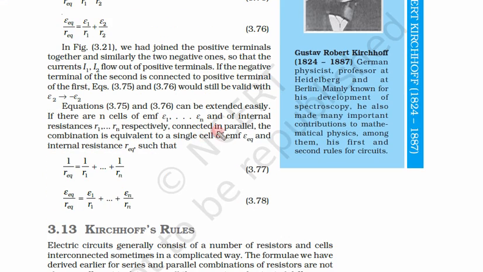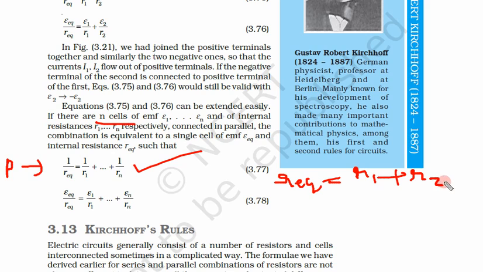Now similarly, these equations can be extended equally for n cells, a large number of cells. For parallel, 1 upon R equivalent is 1 upon R1 plus 1 upon R2 plus 1 upon R3 up to 1 upon Rn. What was the series? Series simply R equivalent is equal to R1 plus R2 up to Rn. This is the difference, and the formulae are the same as for parallel resistance and series resistance.